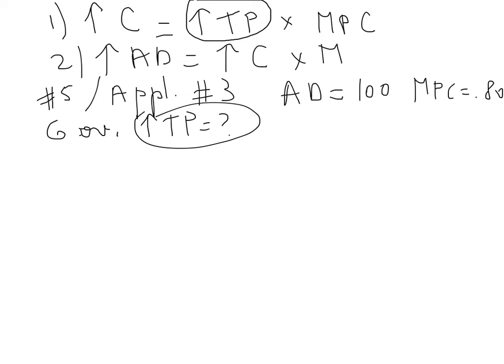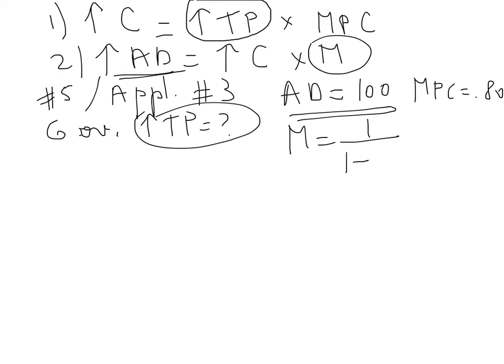So let's see, now we know the aggregate demand, it's given over here, but we don't know the transfer payments. So since we know the aggregate demand and we can calculate the multiplier over here, we can start with formula number 2. So the multiplier is going to be 1 divided by 1 minus 0.8, that's going to be 5.